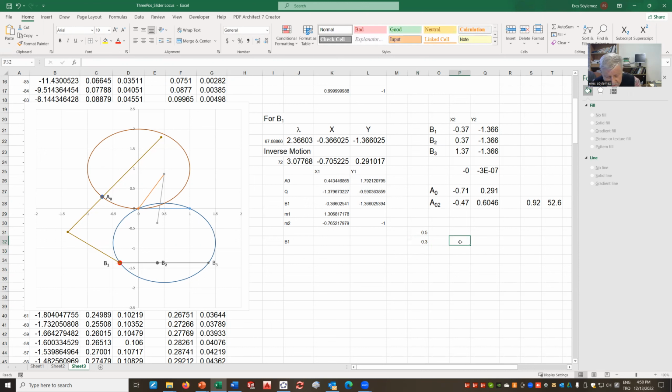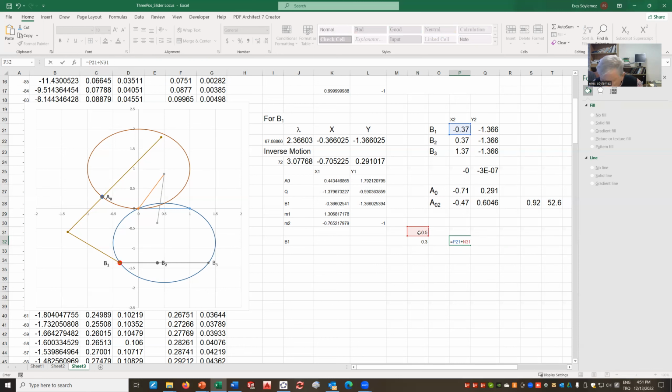For the slider at B1, I will do it like this, is equal to B1 plus this value plus, oh, that's it.